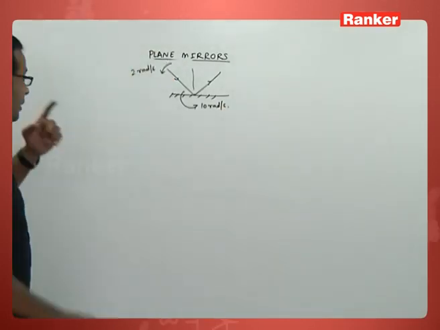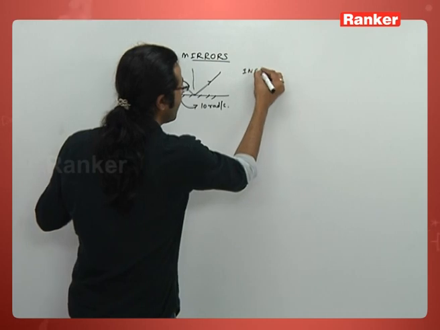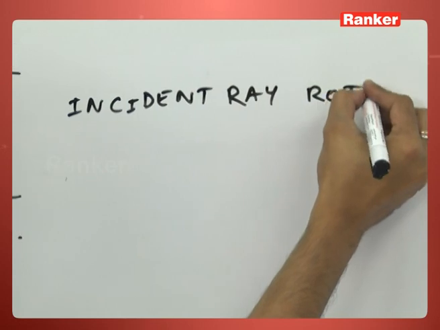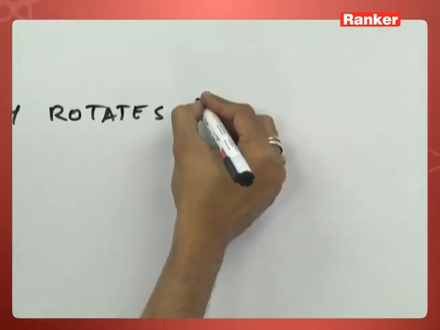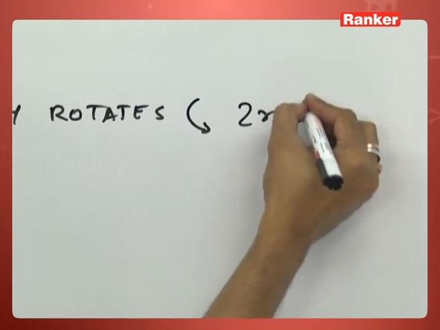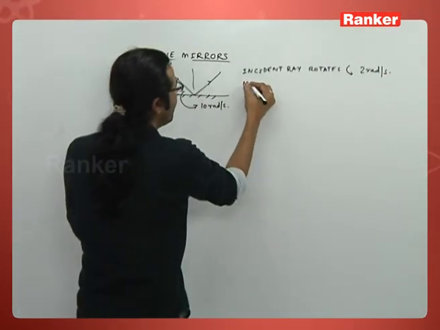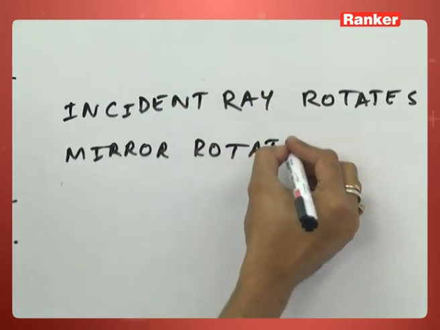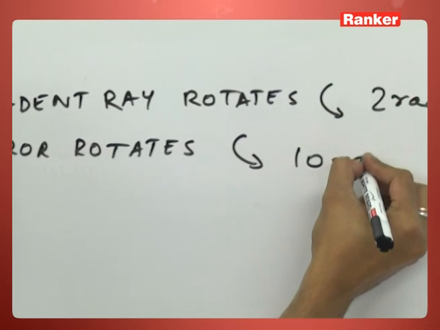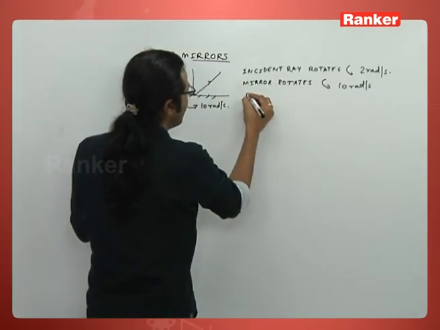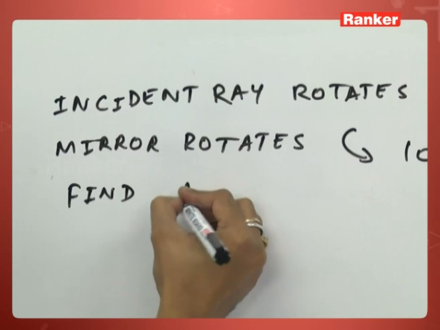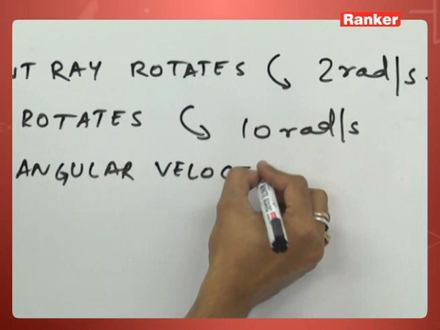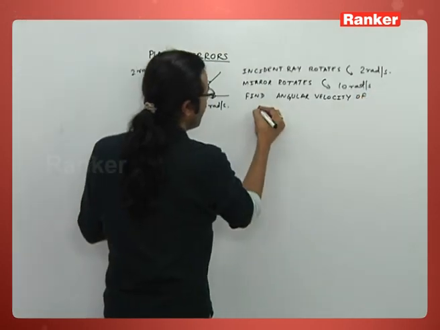So in this case the incident ray rotates anti-clockwise at 2 radian per second, and the mirror rotates the same anti-clockwise at 10 radian per second. Find the angular velocity of the reflected ray.